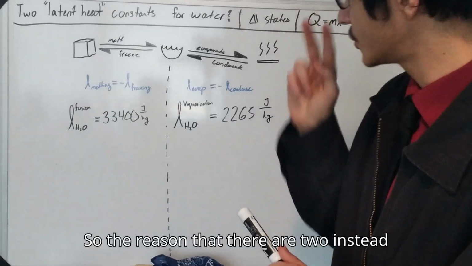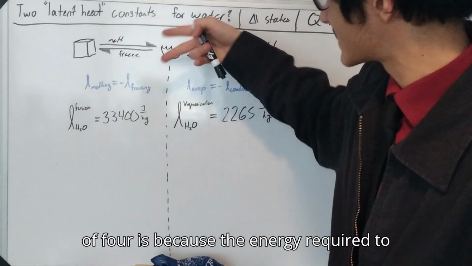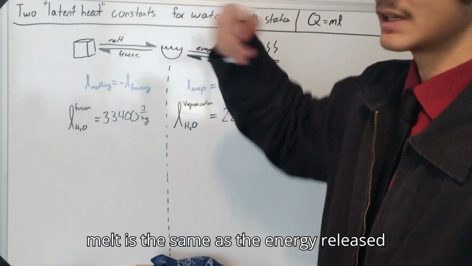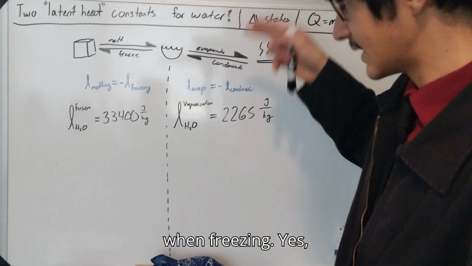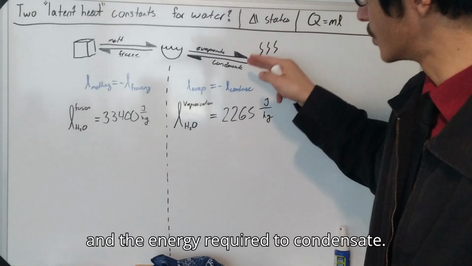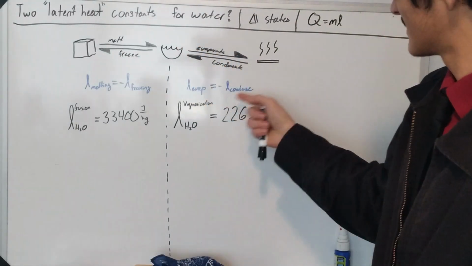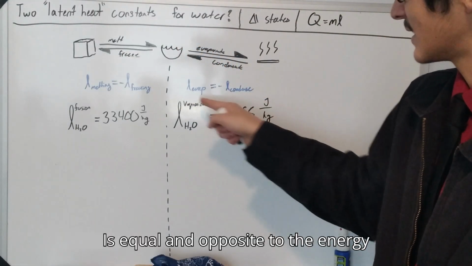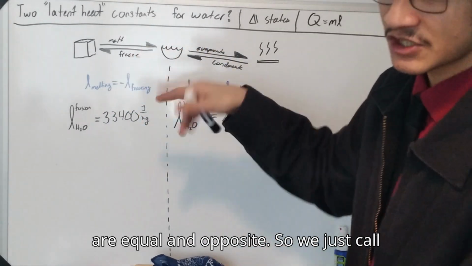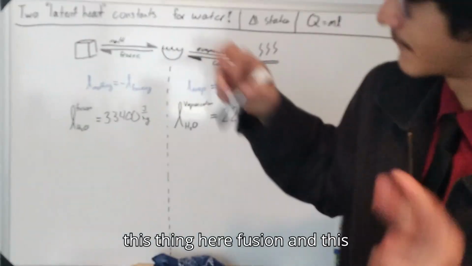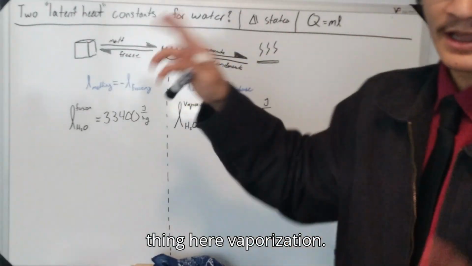So the reason that there are 2 instead of 4 is because the energy required to melt is the same as the energy released when freezing. And the energy required to condense is equal and opposite to the energy required to evaporate. Because these two are equal and opposite, we just call this thing here fusion and this thing here vaporization.